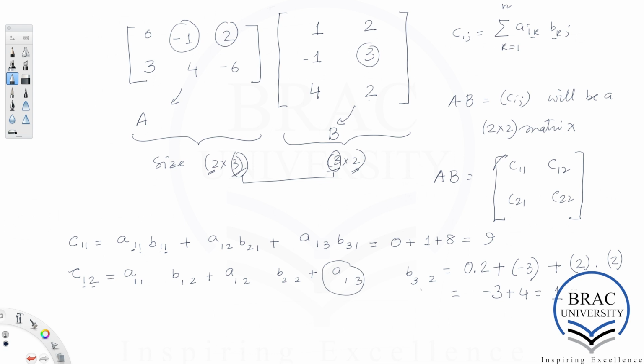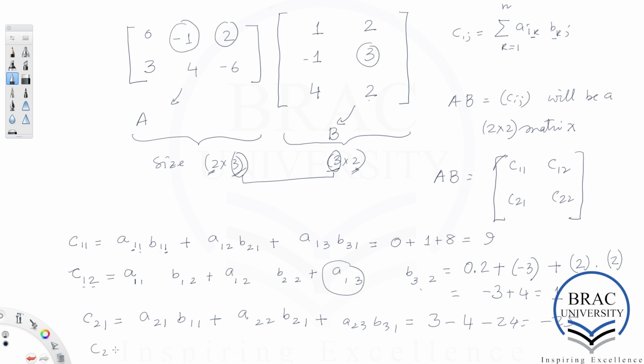Alright, so now similarly we can find C21, which is A21 B11, then we have A22 B21, and finally we have A23 B31, okay. We see that this is 3 minus 4 minus 24, which is minus 25.